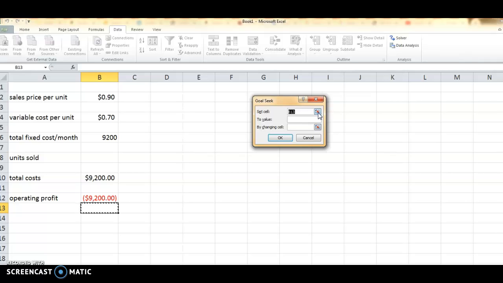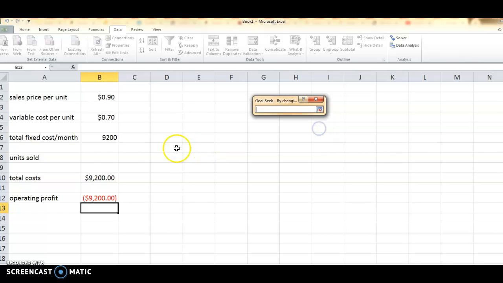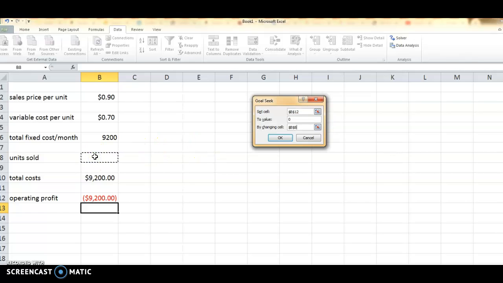So for me, the cell that I have a goal for is the profit cell. So I'm going to click in the pointer and click in the cell that has the operating profit, and in the value, in order to break even, operating profit would be 0. And what I'm going to be changing is the number of units sold, and I go ahead and click OK.